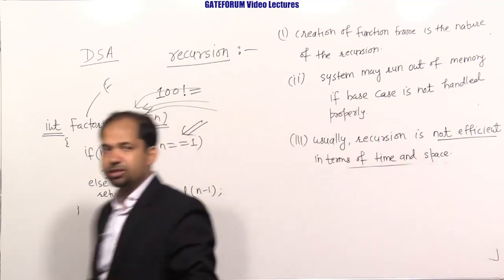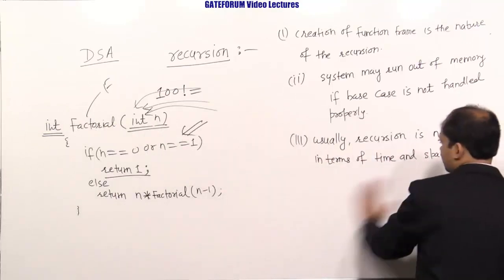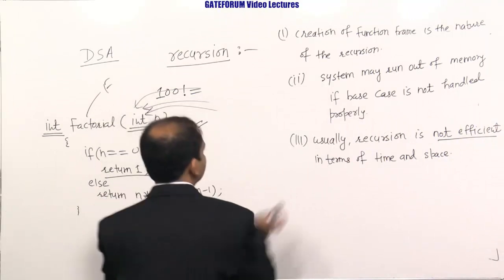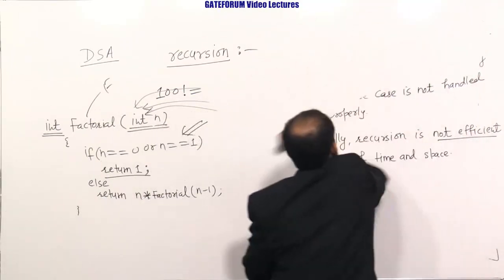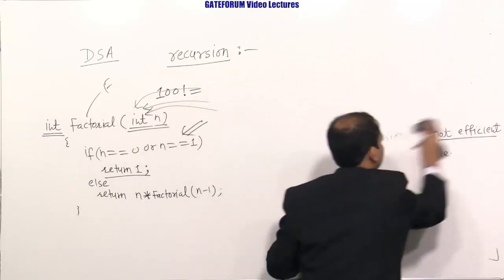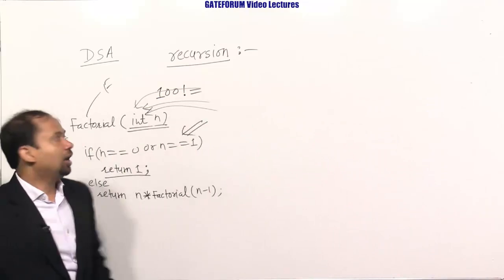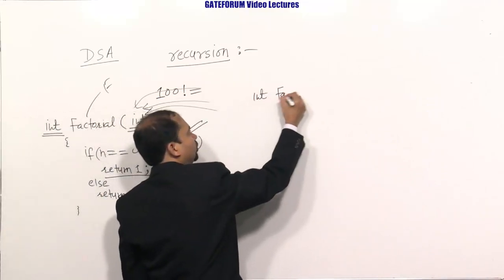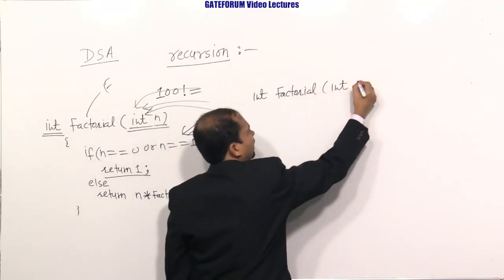But we know an easy way of doing this program without using recursion. We can have a simple loop. Another way is factorial 2. So int factorial, int n.